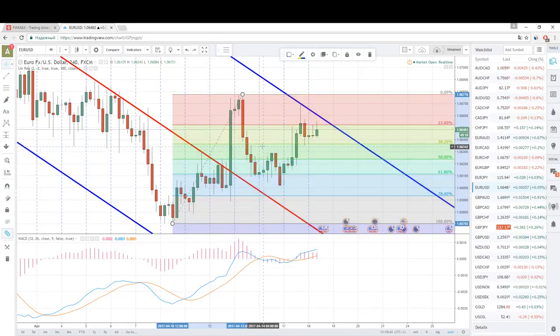So what can be added also? The same situation here as with the level of support resistance.